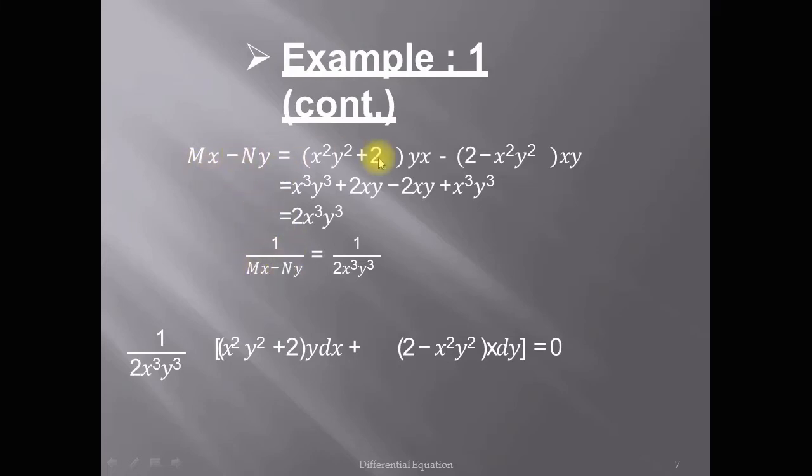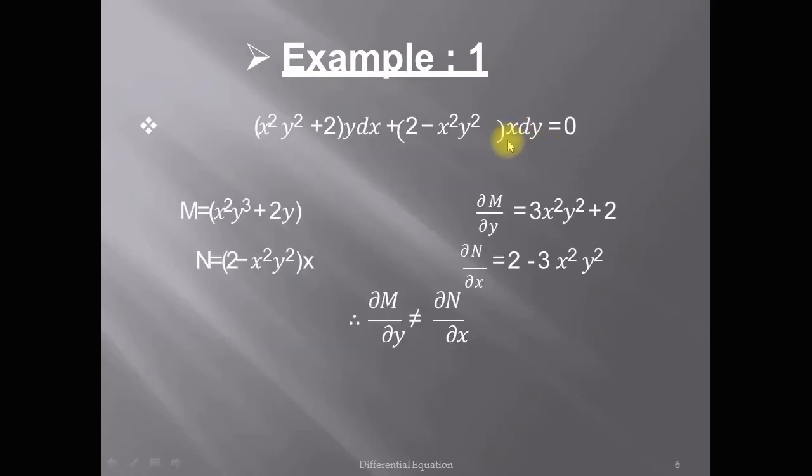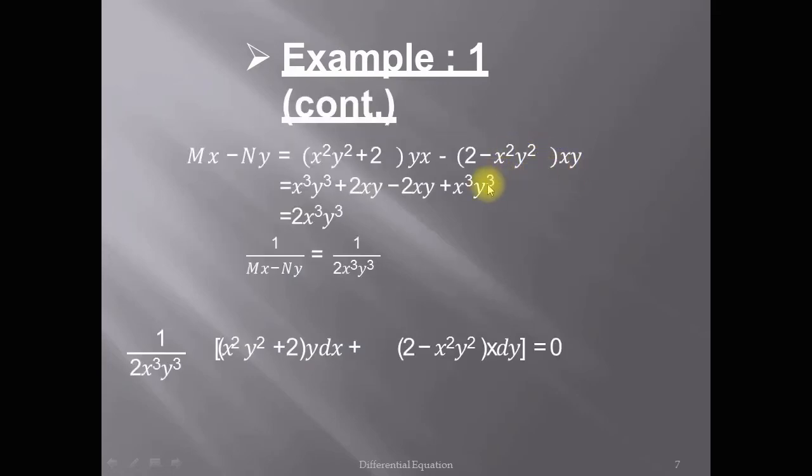So Mx minus Ny. This is the M function, (x²y² + 2) y, multiplied by x, minus the N function, (2 − x²y²) x, multiplied by y.